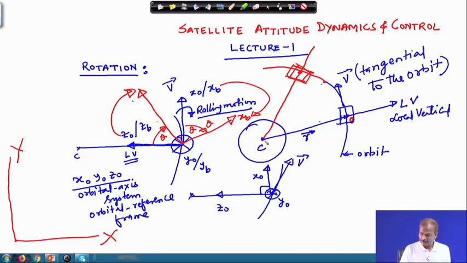If we connect the center of the earth and the center of the satellite, this is the new radius vector. This is at time t1, and this will be at time t2. In this new position, this will be the local vertical, directed inward as per our assumption. The velocity vector will change its direction, it will be here in this place.